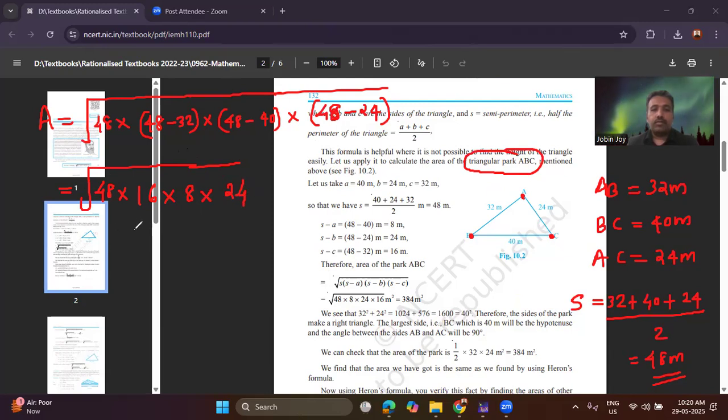So the square root of 48 into 16 into 8 into 24, and the final answer will be 384 meter square. So the area will be 384 meters square. In this way, we can calculate the area of any type of triangle using Heron's formula.